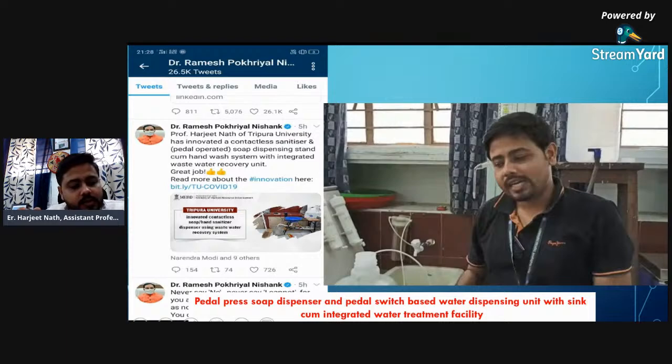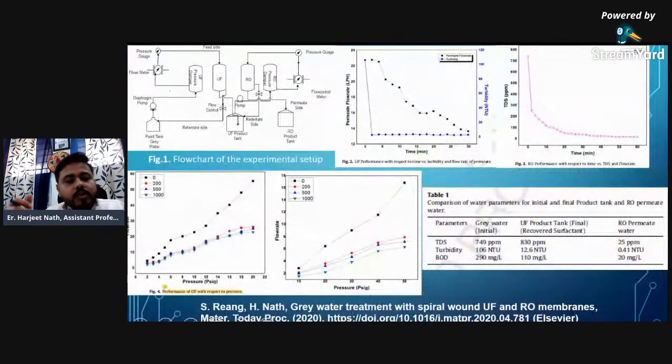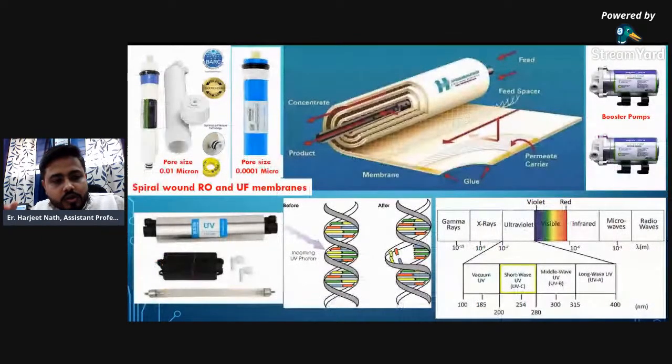So this particular technology was actually a part of research work which was done by one of my master's students, which was basically a part of this gray water recovery techniques. And this gray water recovery technique was actually utilized in this particular hand washing system, and accordingly it was materialized. That system was making use of two different technologies.